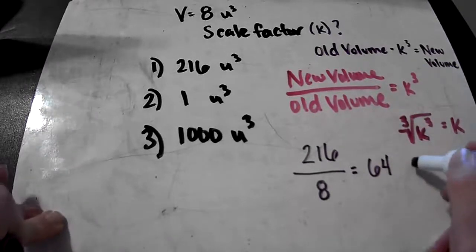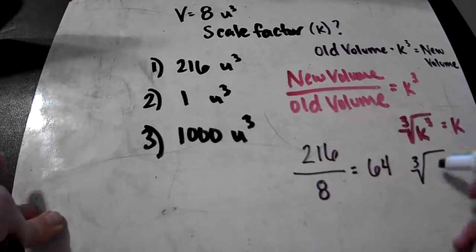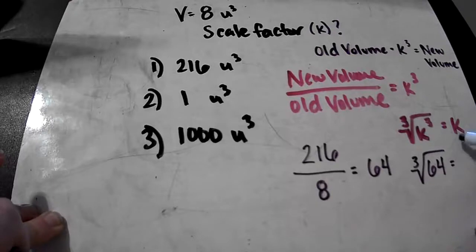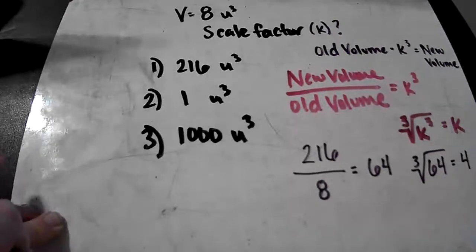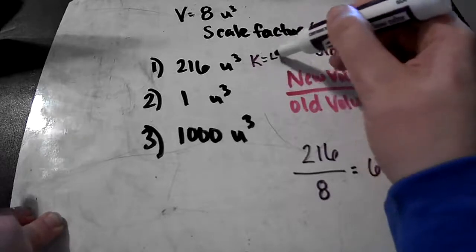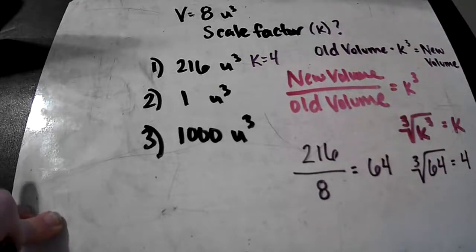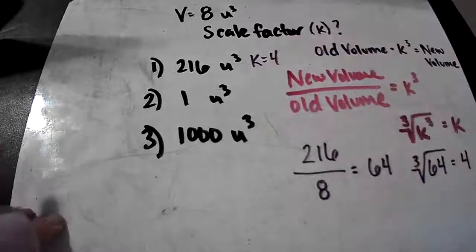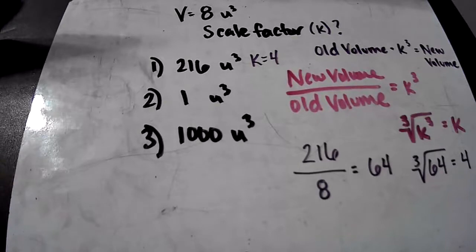So now I need to do the cube root of 64 to get my scale factor of 4, right? So on number 1, we should have a scale factor of 4. That means that if I did 8 times 4 to the third power, I would get 216 as the result.